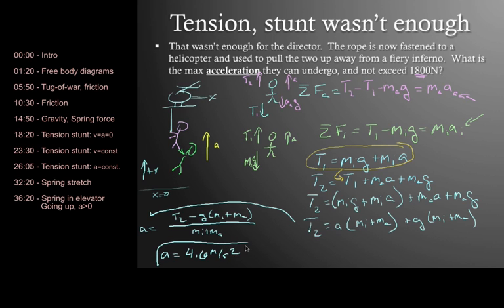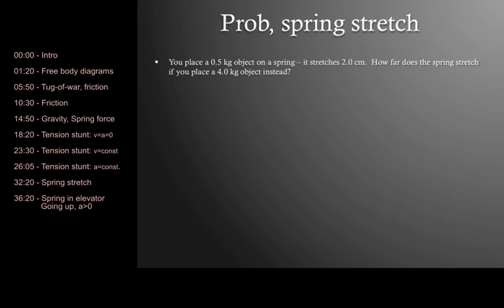So this tells me that if the director wants this to work out, then he needs to make sure that this helicopter isn't going to accelerate any faster away from our fiery inferno, greater than 4.6 meters per second squared.